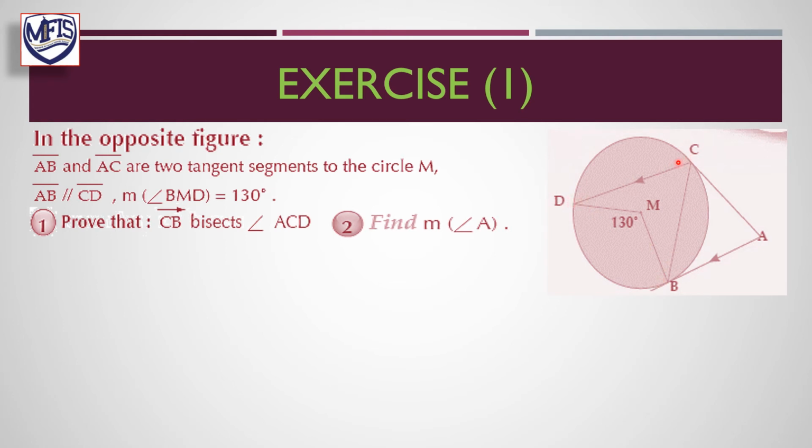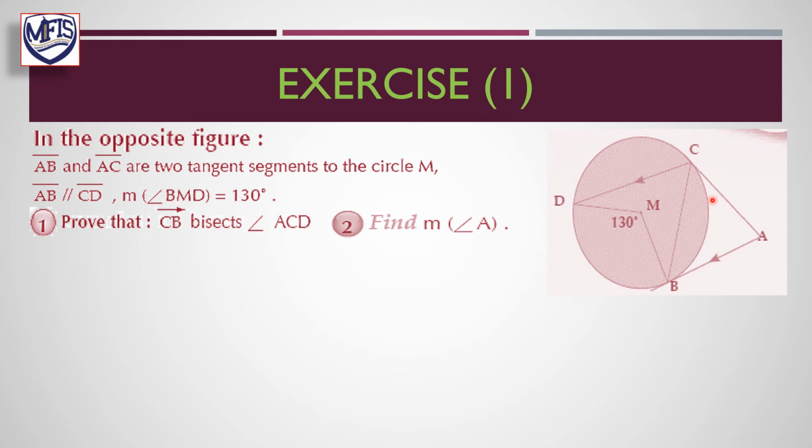Here I have DC parallel to BA, and CB is a transversal. Therefore, measure angle CBA equals 65 degrees, alternate angles. And also, measure angle ABC equals measure angle ACB. So, measure angle ACB equals 65. Now, ray CB bisects angle ACD because each of the two angles equals 65 degrees.